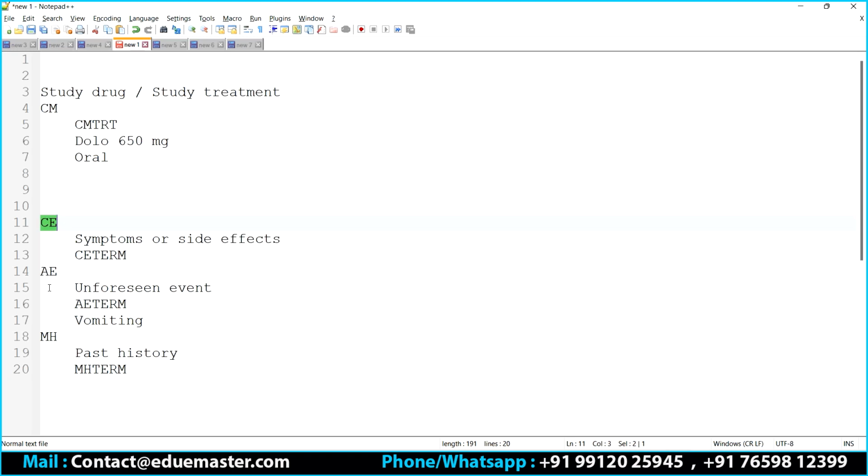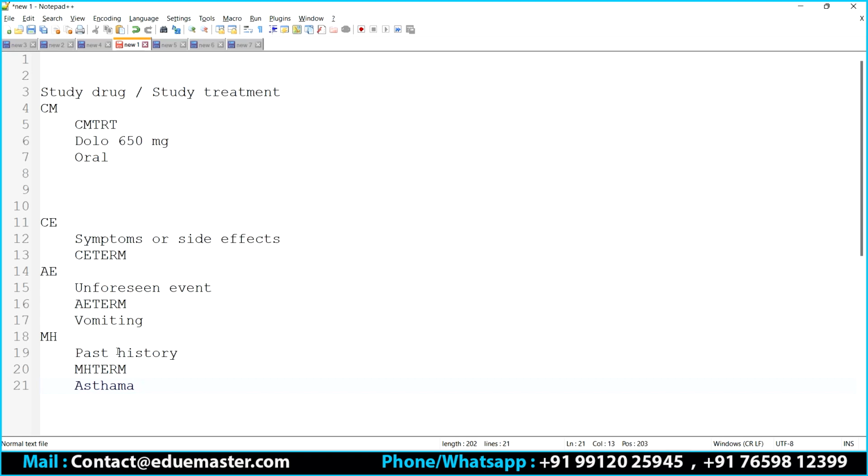It is not a symptom or side effect of your vaccine, but the patient is suddenly feeling it. It's an adverse event, so the adverse event is vomiting. The medicine that is taken again comes under your CM treatment. Again, the patient is having asthma.